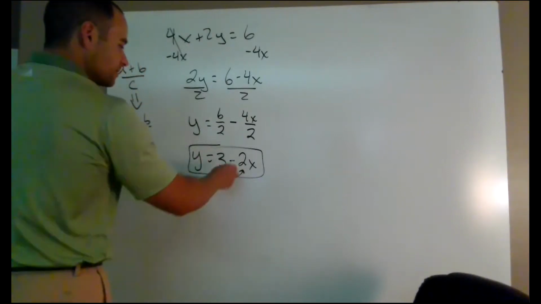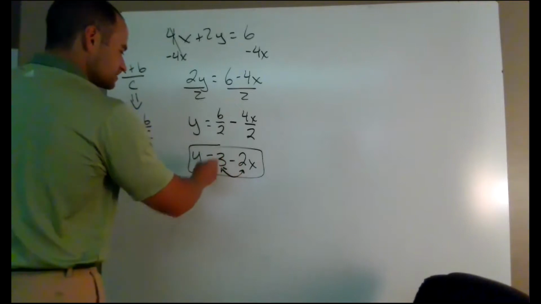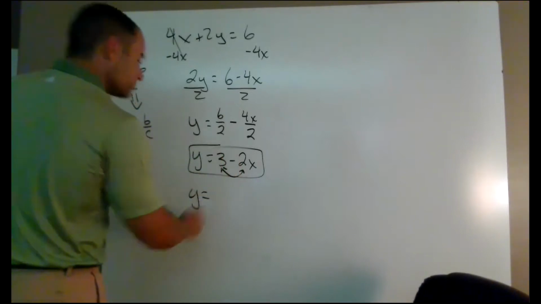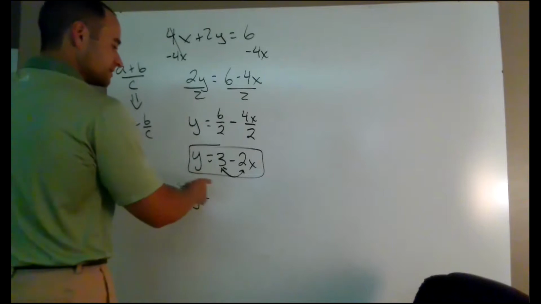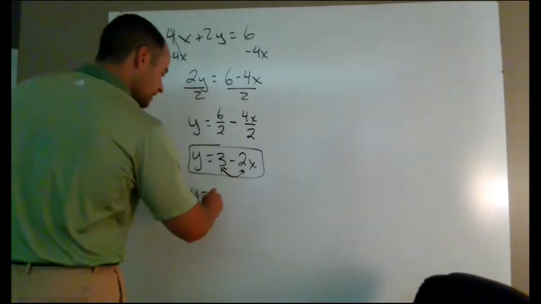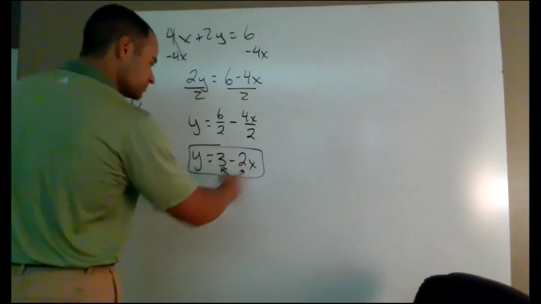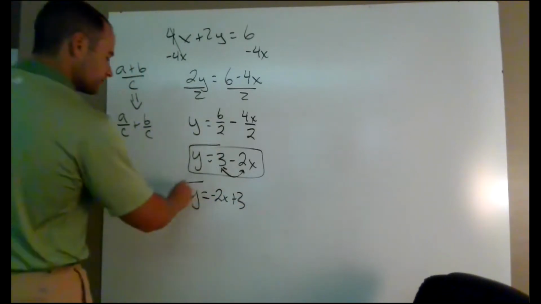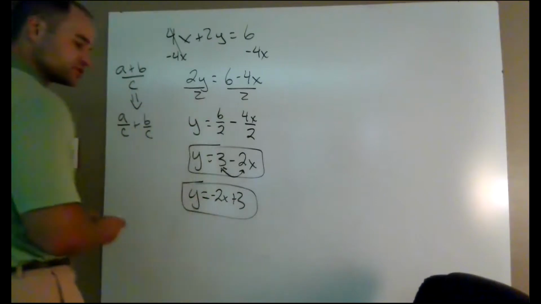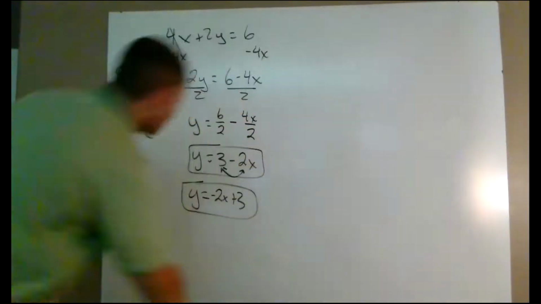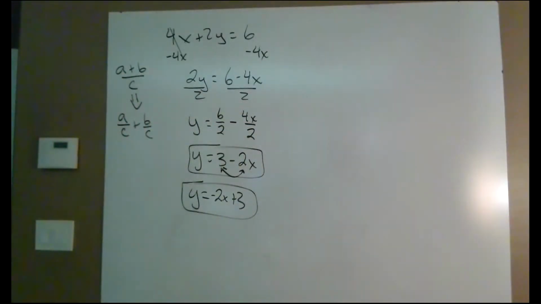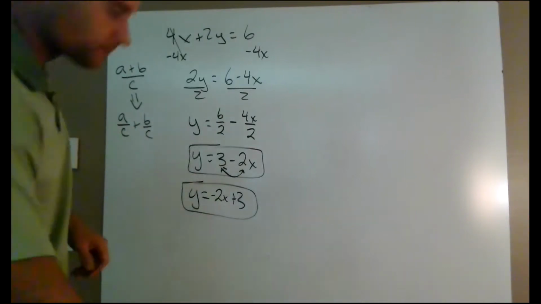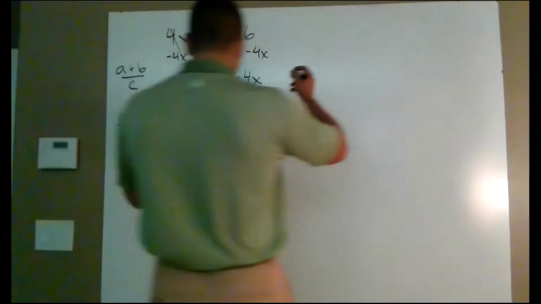Flip them around, but the sign has to stay associated with the number. So I can rewrite this as y is equal to negative 2x, because I'm subtracting 2x, plus 3, positive 3 right there. So when I get my answer in slope-intercept form, I will get y is equal to negative 2x plus 3. Next one.